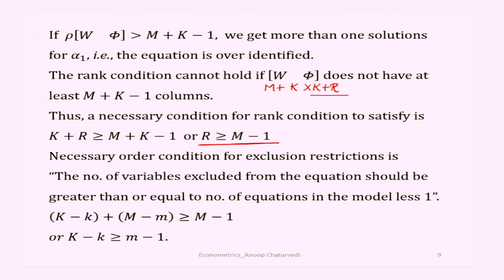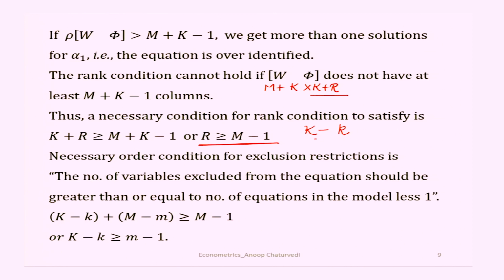Now, for exclusion restrictions, suppose out of capital K exogenous variables, you have included just small k variables in your model. So, the number of coefficients set equal to 0 is capital K minus small k.